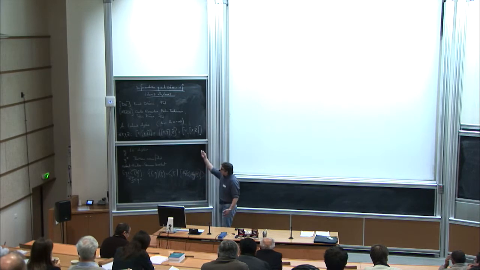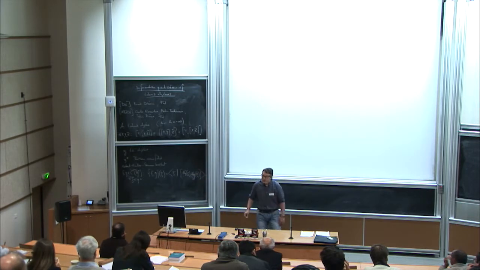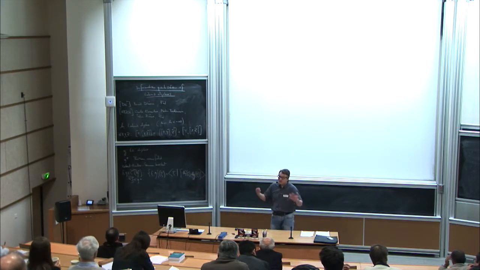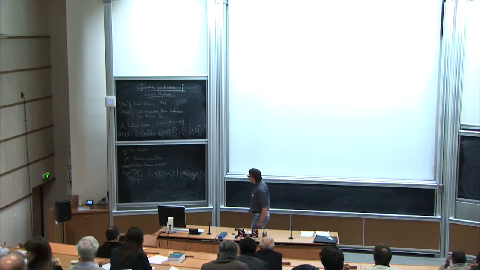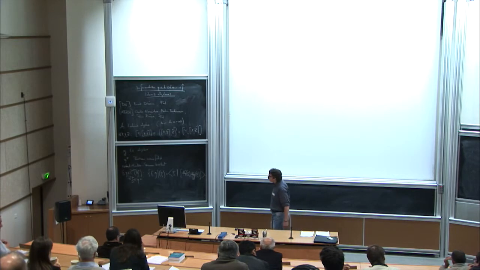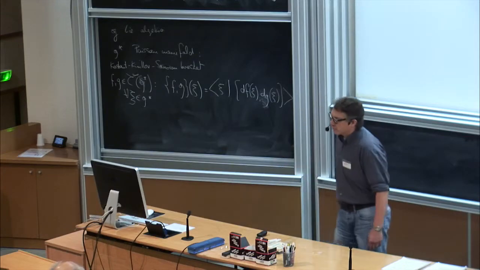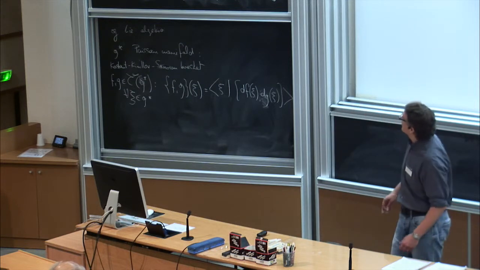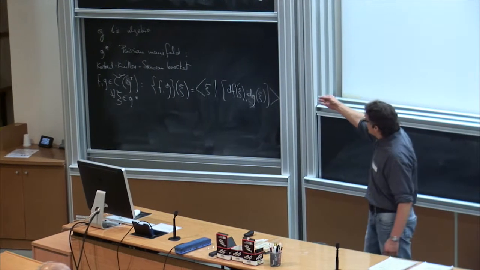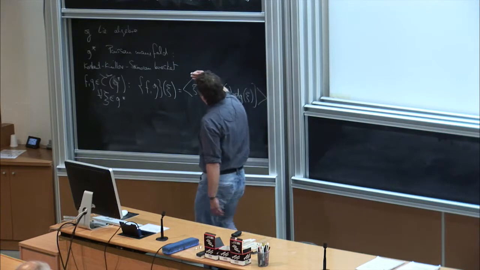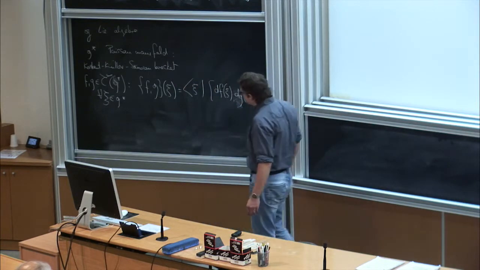And so our goal today is to generalize this to Leibniz algebras. And so in order to understand the answer we are giving, I have to tell you the answer for Lie algebras, how to deformation quantize the Poisson manifold G star.